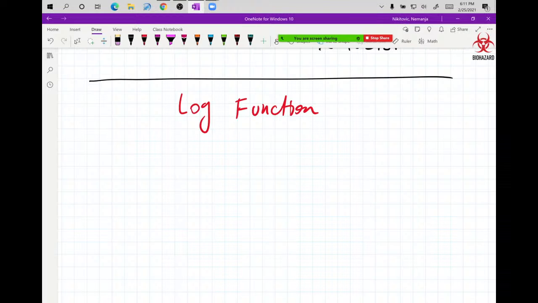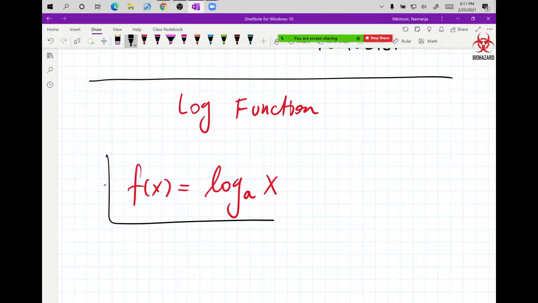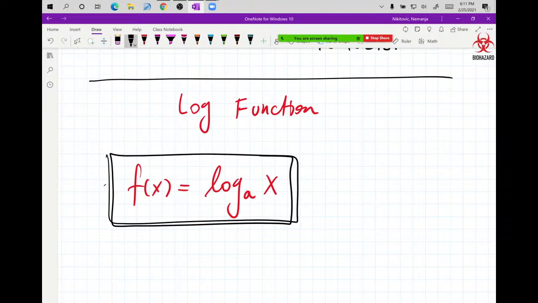the function. So I'm going to define my logarithmic function as log base a of x. Now when I have the x present, it becomes a function, because all of your functions have a variable in them, other than a constant function, which is just like y equals 3, where there's no x.